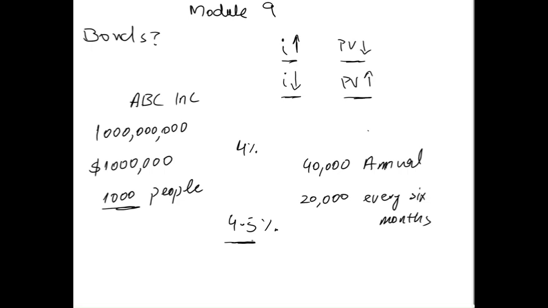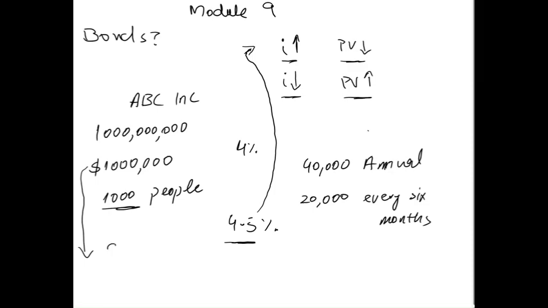And when they do that, using the higher interest rate, the present value is going to be lower than this $1 million.